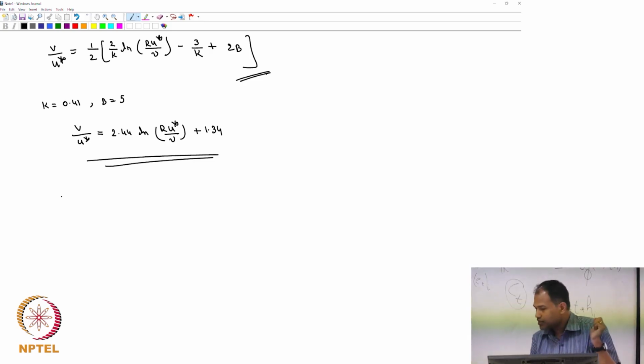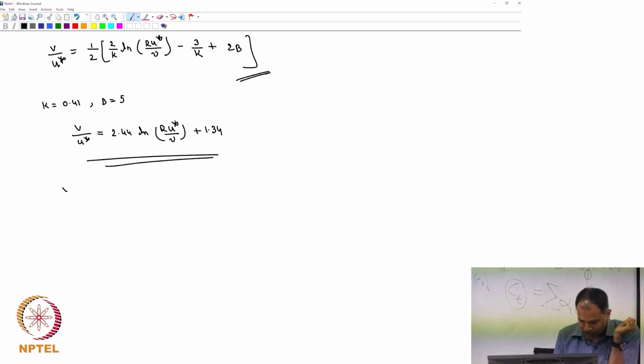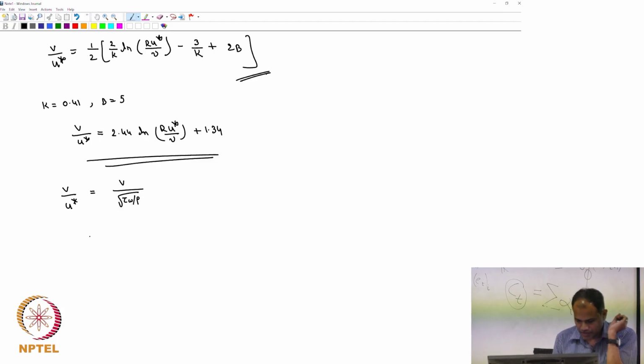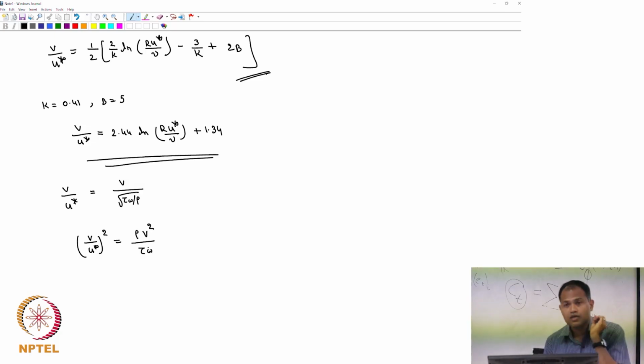If you look at this quantity V by u star, u star was defined as square root of tau W by rho. So that means (V by u star) square is rho V square divided by tau W.